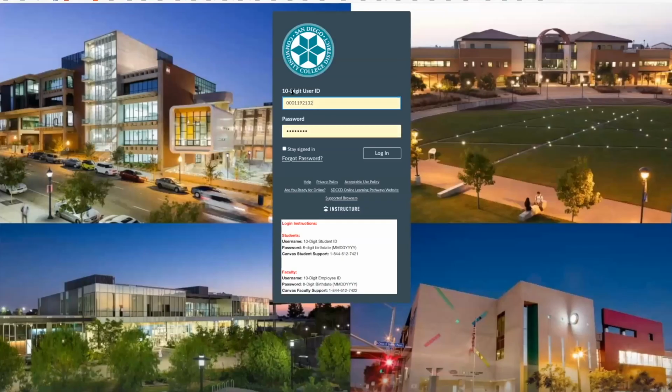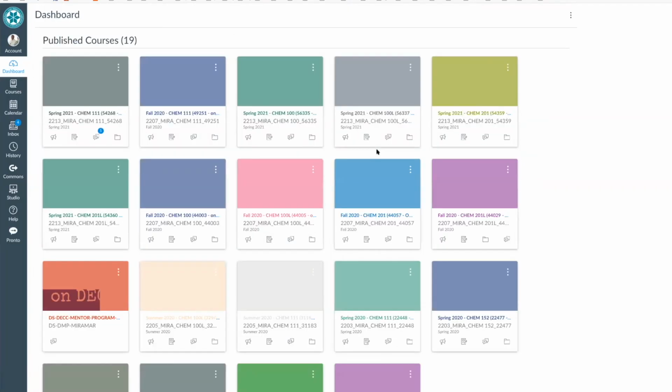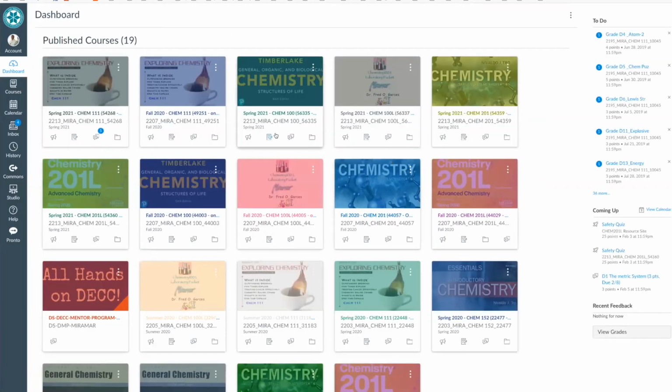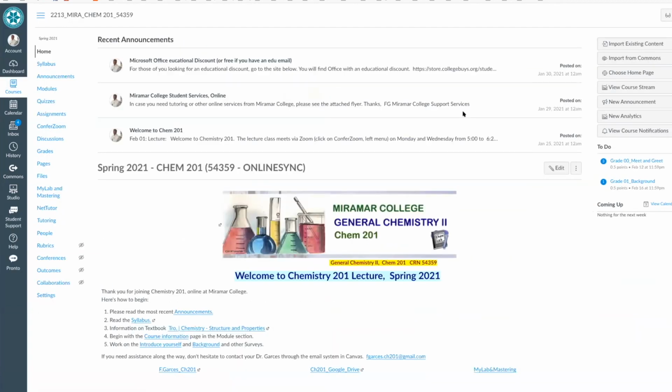Okay, and you need to log into Canvas. So what you can see right here is that these are the classes. You guys will go right here for Canvas class. And when you open up Canvas, you'll see the announcements that are right here, as well as the different links that are right here.